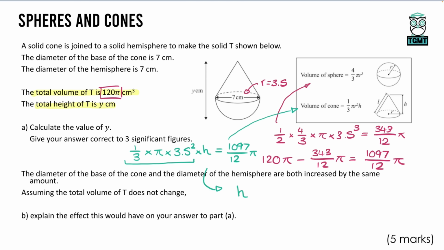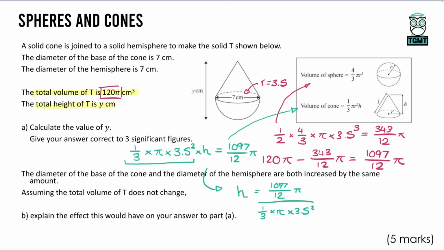Now it looks a little strange if you write it as a division in the first place, because we would have kind of a fraction on top of a fraction, which always looks very strange. But essentially we're doing this 1097 over 12 pi, and we're going to divide that by all of those bits on the left hand side. So 1/3 times pi times 3.5 squared.